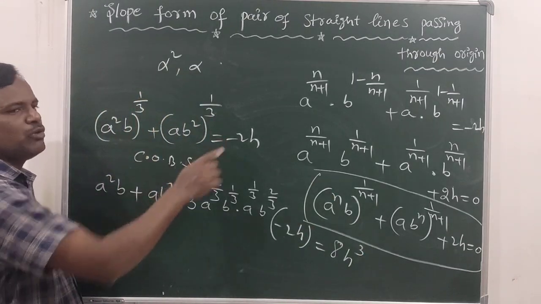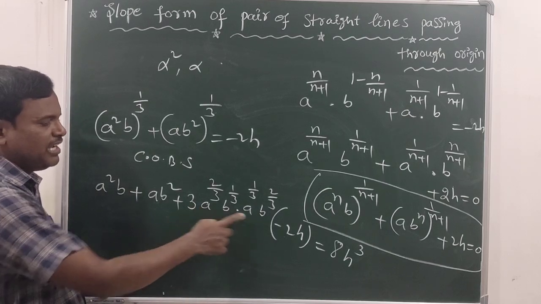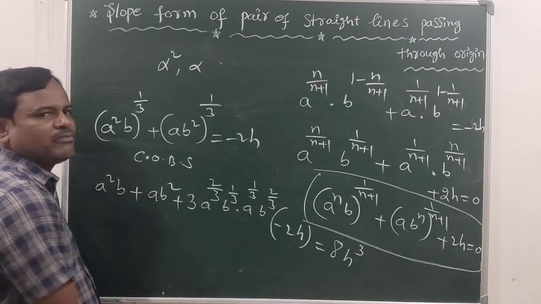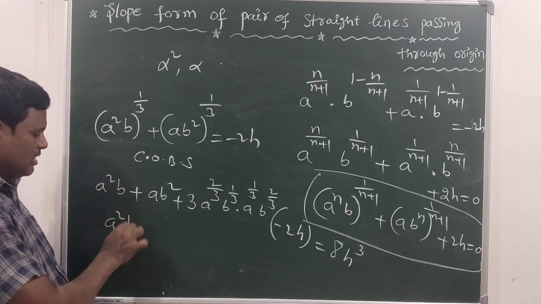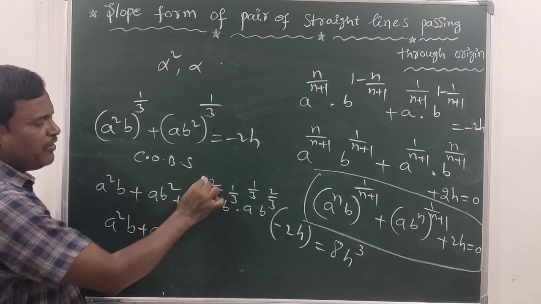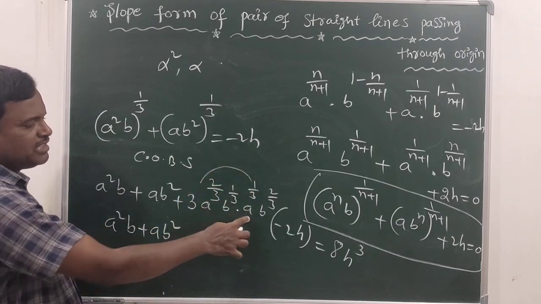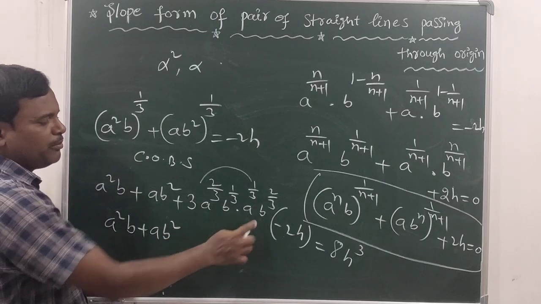I took cube on both sides. So here it is a cube plus b cube plus 3ab of a plus b, equal to minus 8h cube. Now simplify this: a square b, ab square. On simplifying these two, base is same, powers should be added, so that you get here a and here b.